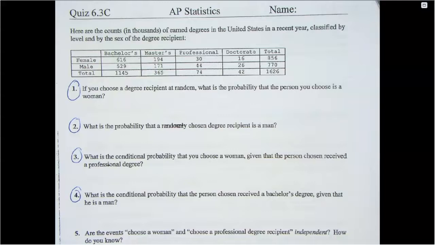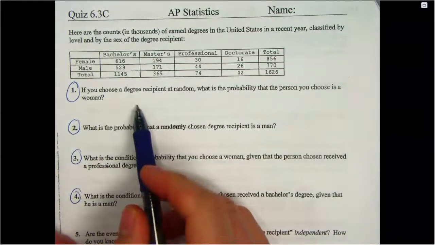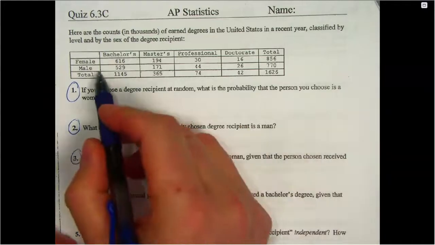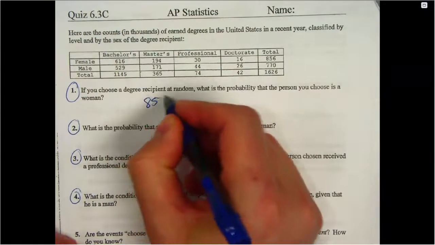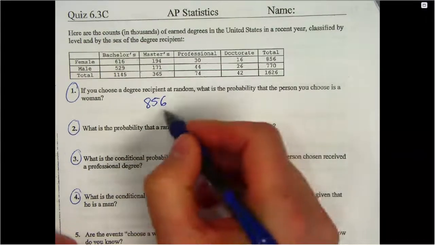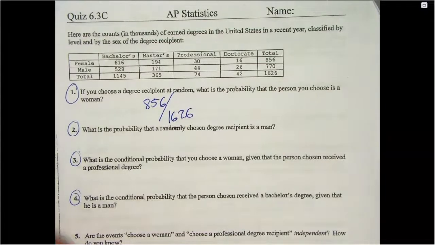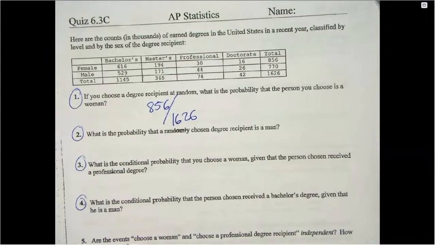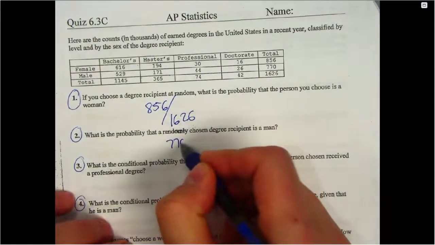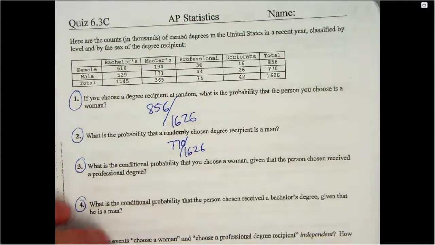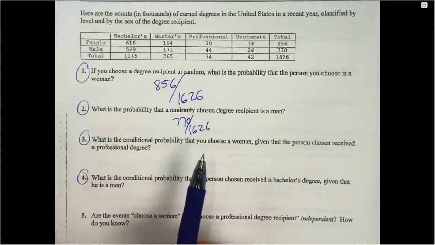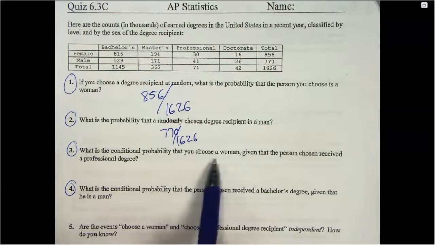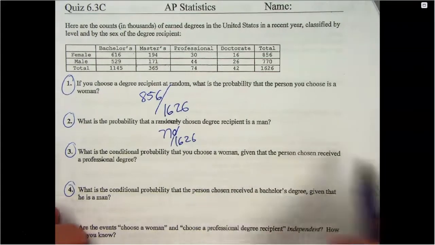So we know. We good on these? Okay. So what's the probability they're a woman? There's 856, and then the total is 1626. Yes. Probability they're a man would be 770 out of 1626. What's the conditional probability that you choose a woman given that they received a professional degree?